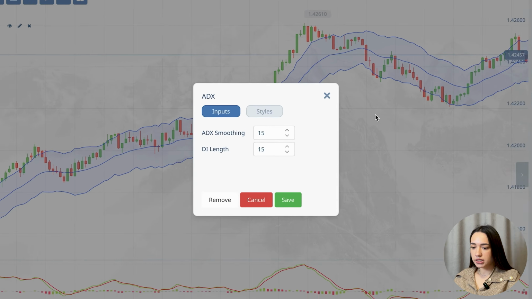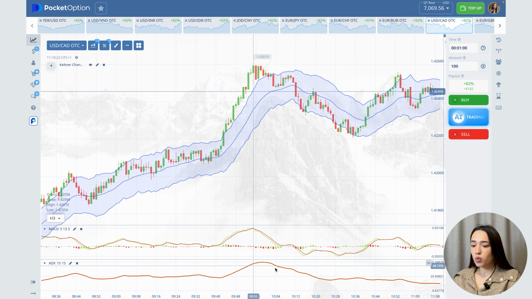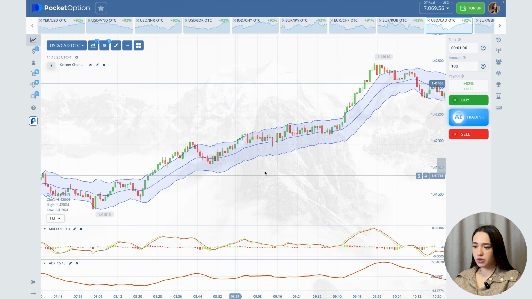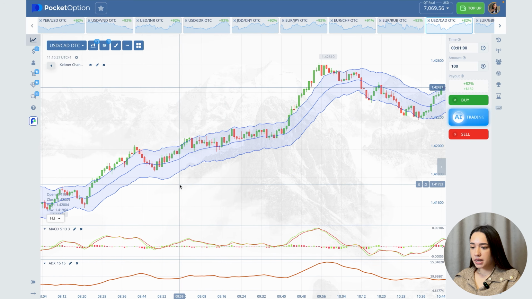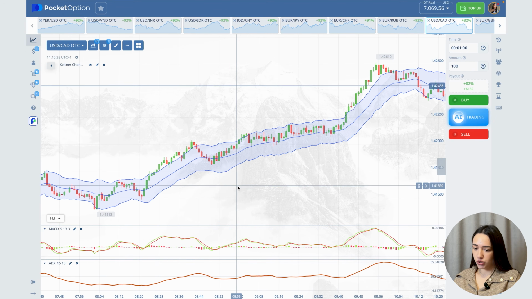We'll also use the RDX oscillator with the given parameters. This is very important for this setup, because if we miss the trend exhaustion, we risk missing proper trade opportunities.